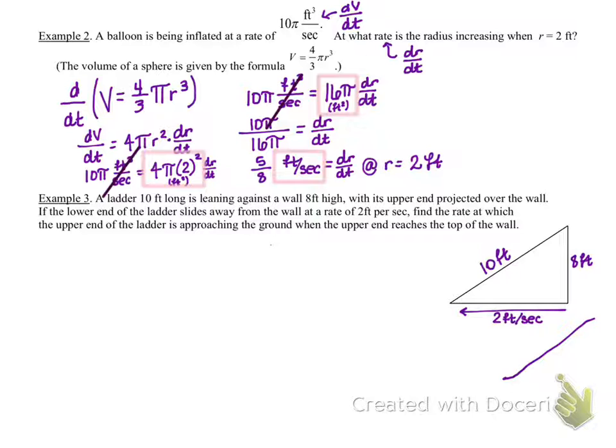So what that means, if the ladder is moving out away from the wall, the ladder is also moving down, and we're trying to find that rate.